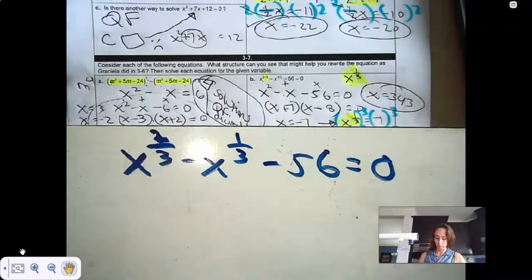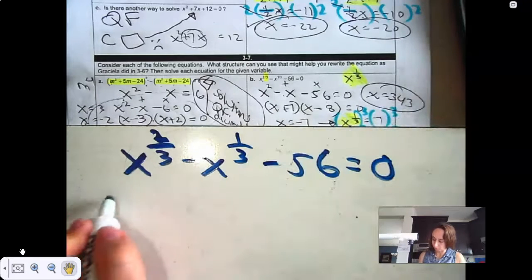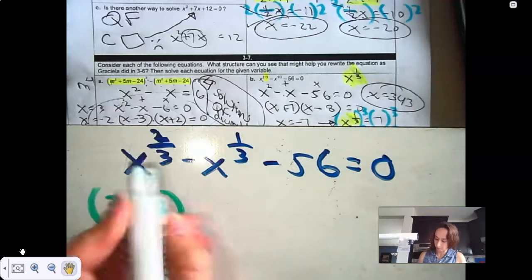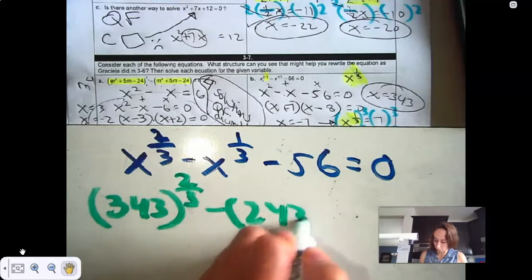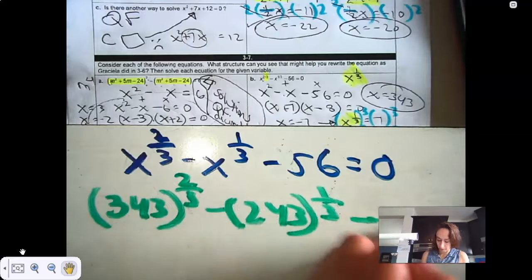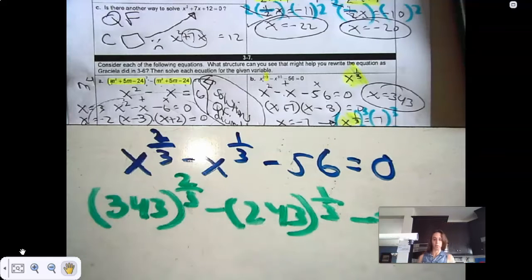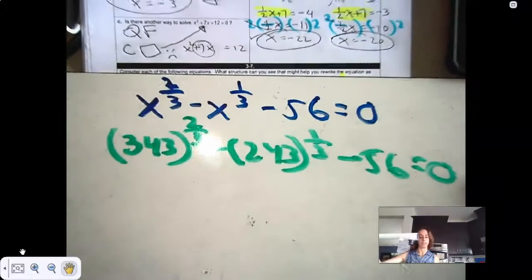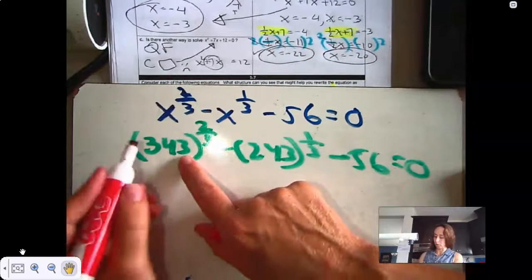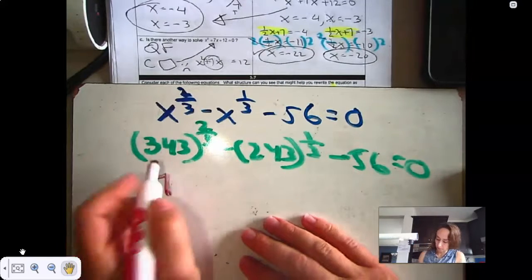So what I'm going to do is plug in 343. So I'm going to go 343 to the 2/3 minus 243 to the 1/3 minus 56 equals 0. And some of you go, well, that doesn't look like you made it easier. No, I didn't say I did yet. But I know 343 is 7 cubed.